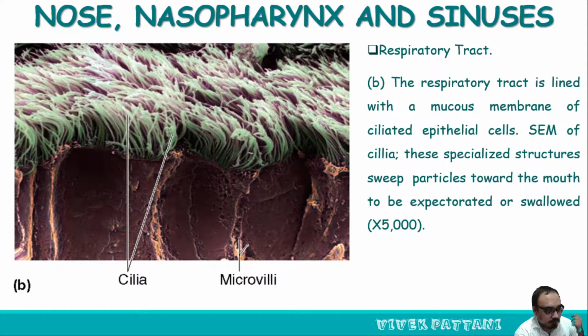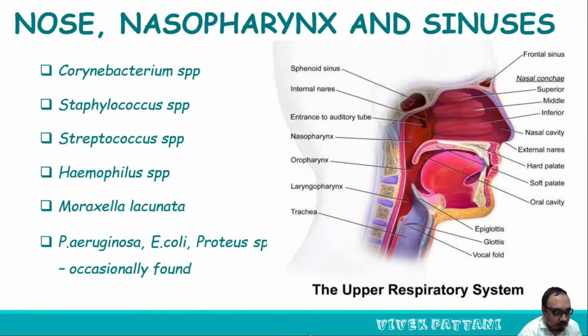Now in the case of the upper respiratory tract, which has abundant as well as very diverse microbiota, the nasal passages and the sinuses are primarily colonized by members of the Firmicutes, Actinobacteria and Proteobacteria.